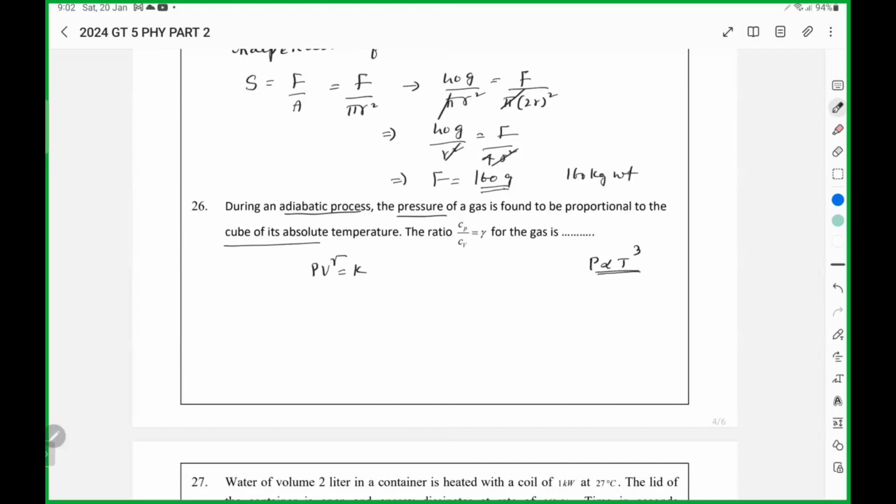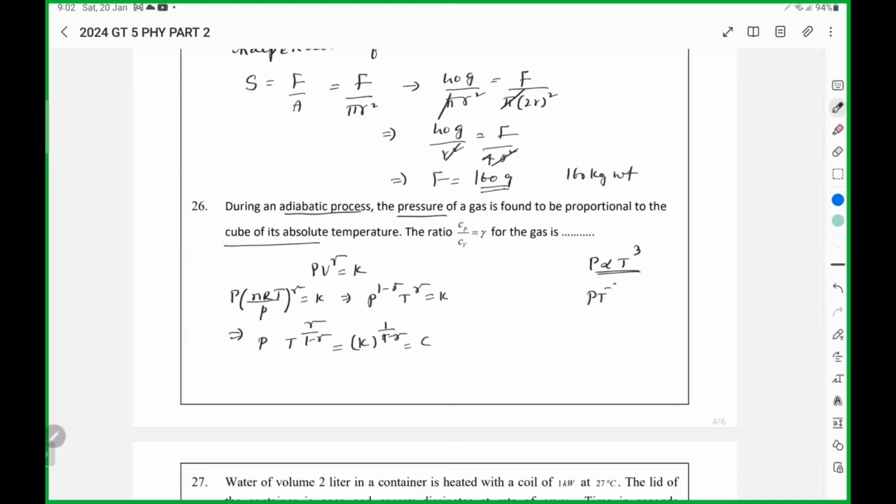So I require a relation between P and T, which is nothing but T power gamma is constant. P T power gamma, by taking 1 by gamma both sides, constant power 1 by gamma also. It's a constant.